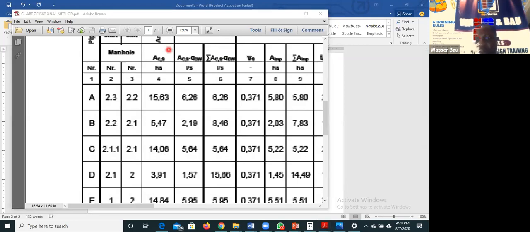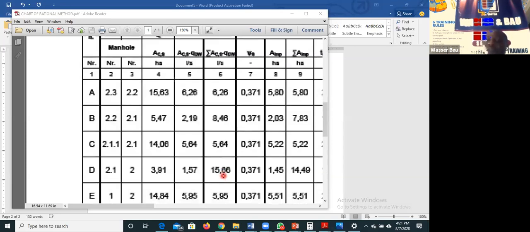What is written here is the same, the difference is this summation, which means accumulation. This is area times wastewater flow, A_CS multiplied by Q_WW, the specific wastewater discharge. So that gives you 15.66, which is what we'll now read against 2.5.